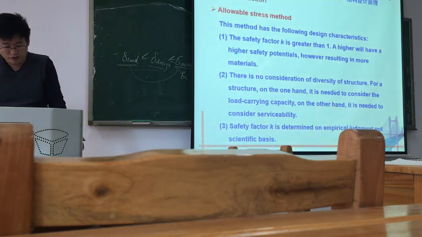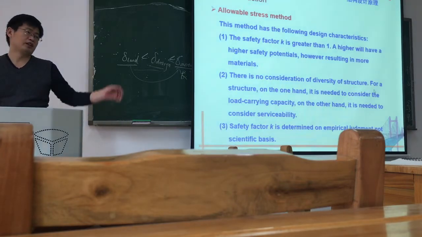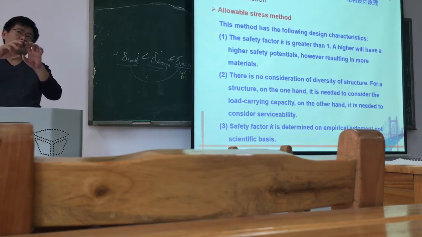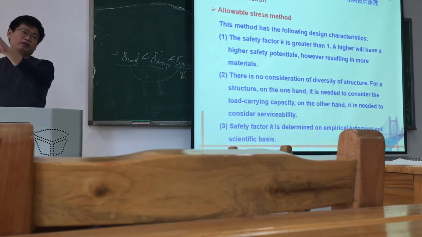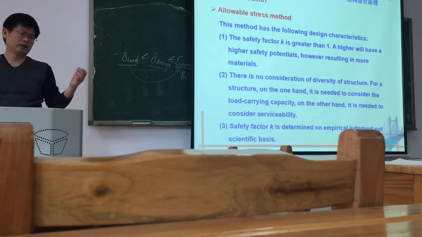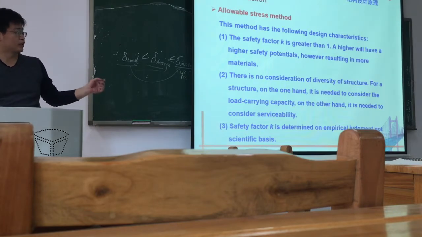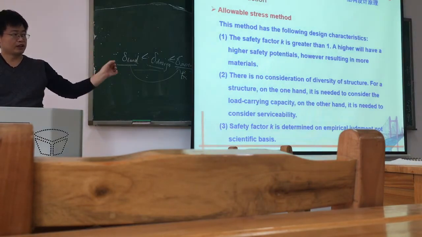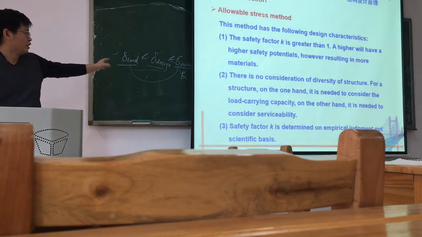There's no consideration of the diversity of the structure, because in a bridge or a building, there are lots of components: the column, the beam, or other components. But in this method, we just use a simple formula, the stress smaller than this value.